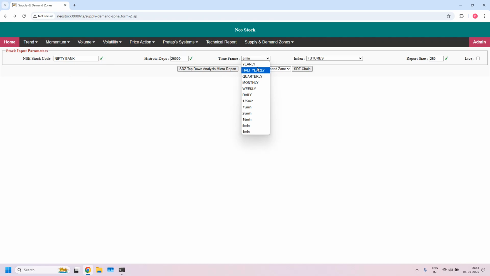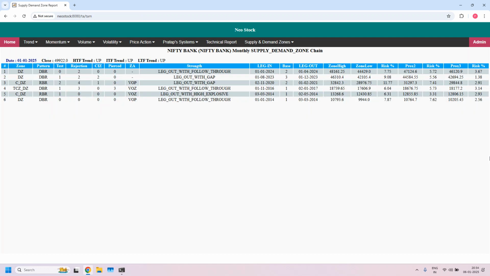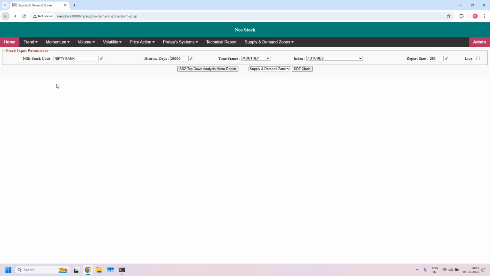Generating monthly supply demand zone chain for BANKNIFTY. Next, weekly supply demand zone chain for Bank Nifty.